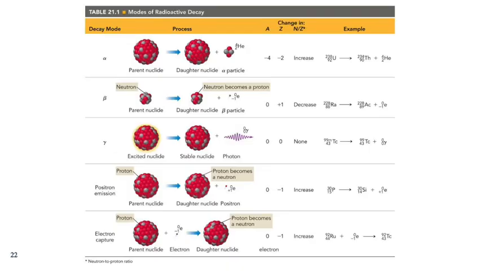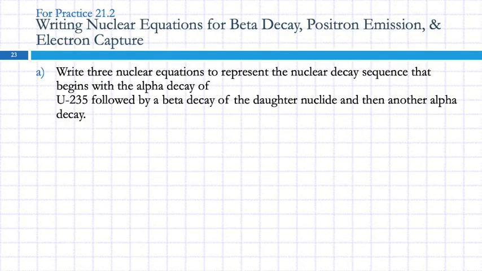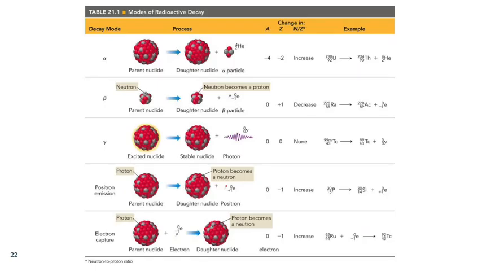So this table in your textbook is just kind of summarizing these different things. So what do you need to know? That's a good question, right? What do I have to know about this?